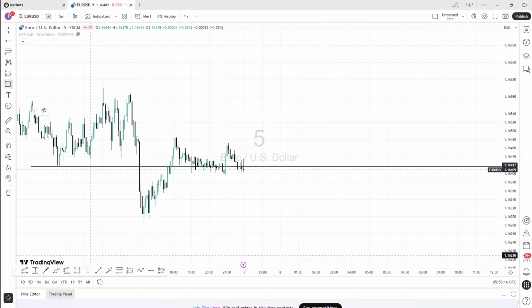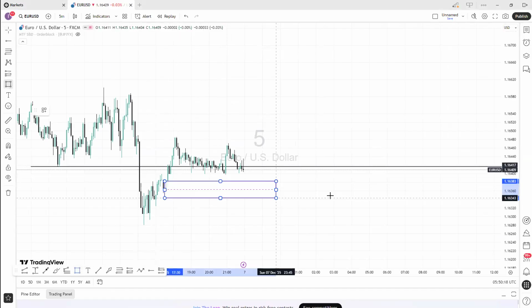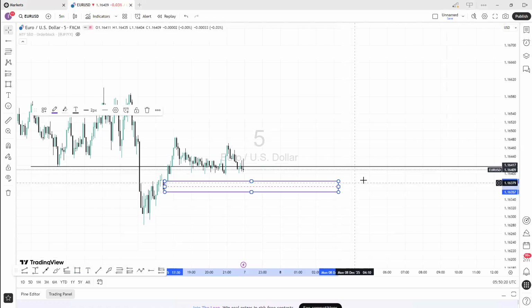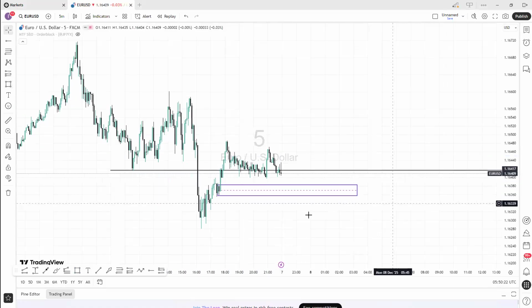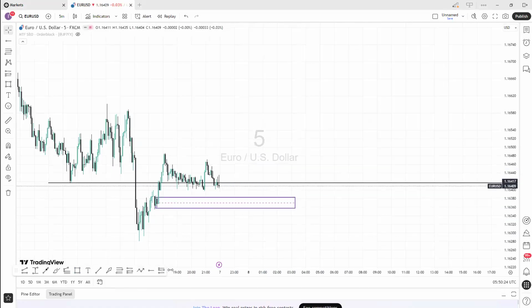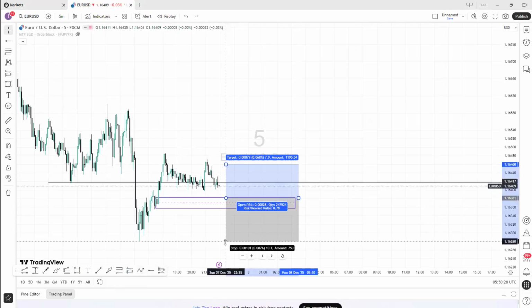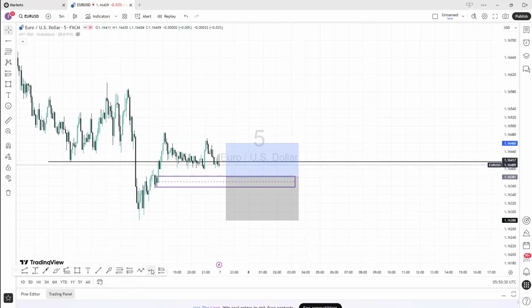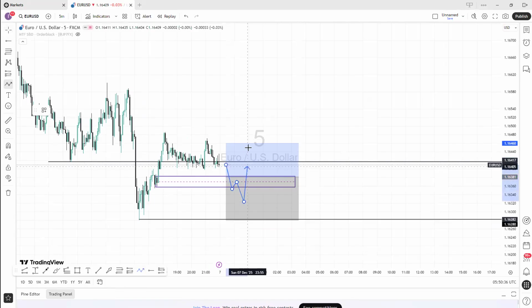You can see there is a mitigated demand zone below here. So on Monday, we expect to take a long position from that demand, and your stop will be on that previous low, in case there is any manipulation, so you will be safe.